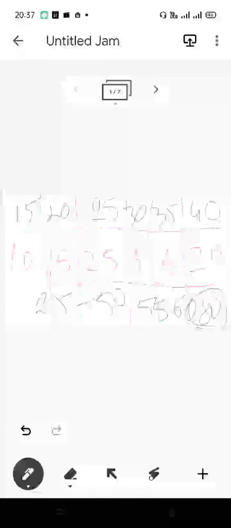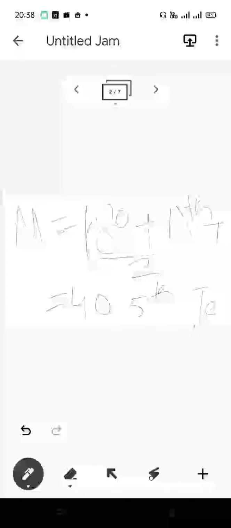That means our summation f is 80. So n is 80, so median is the (80 plus 1) divided by 2 th term, that is 81 by 2, which is 40.5. So the median is the 40.5th term.